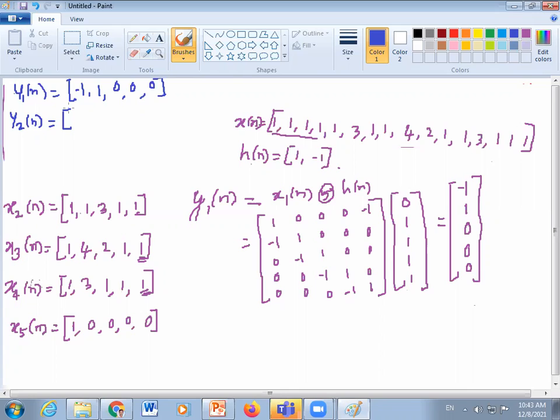Tell me the answer. 0 3 minus 2 minus 1 0, 0 3 minus 2 minus 1 0 minus 2 minus 1 0. Okay, others please check the answers. If you are getting a different answer, let me know. Don't simply copy the answers, do it by yourself and verify. If there is any change anywhere, just tell me.